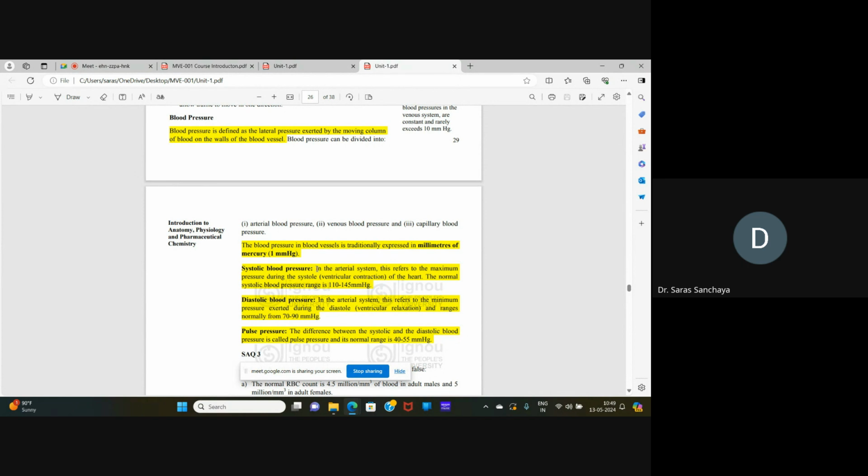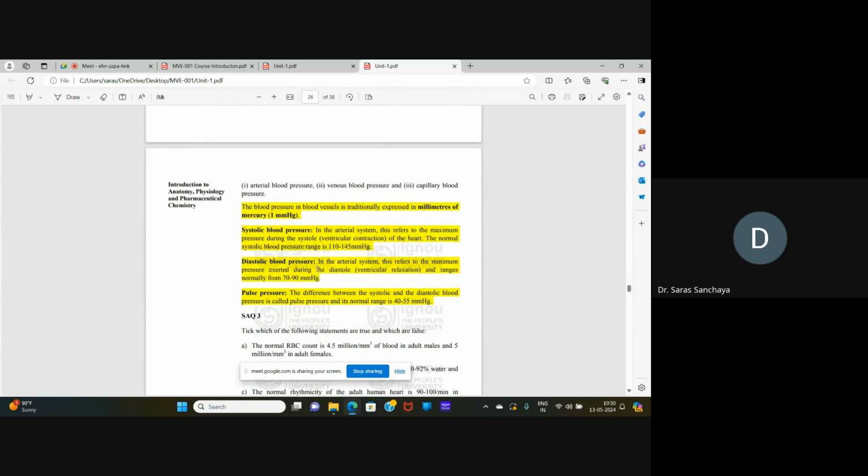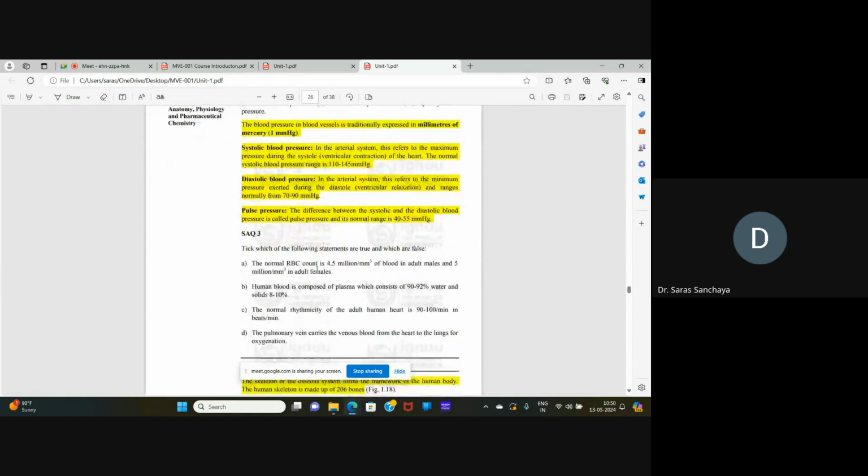Diastolic blood pressure in the arterial system refers to the minimum pressure exerted during the diastole, or the ventricular relaxation, and ranges from 70 to 90 millimeters of mercury. The difference between the systolic and diastolic blood pressure is called pulse pressure, and its normal range is 40 to 55 millimeters of Hg.